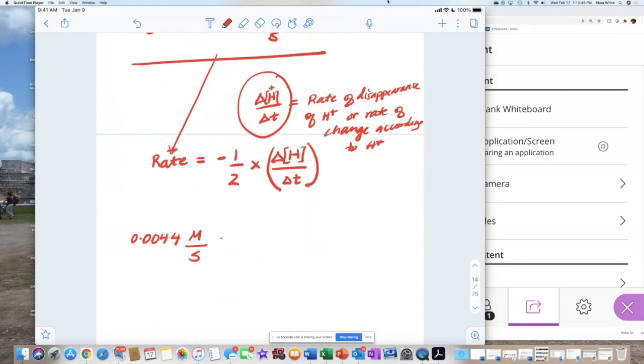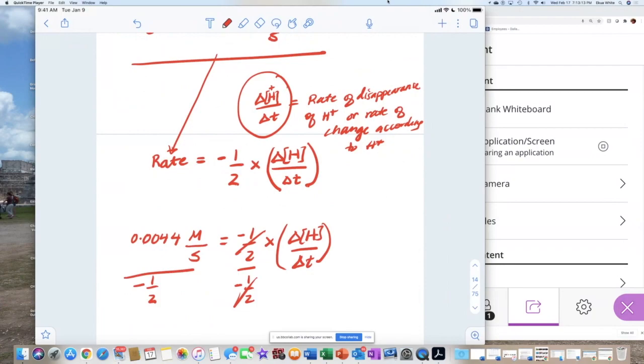0.0044 molar per second equals negative 1/2 times the variable we're trying to solve for, right? Delta H over delta T, and this is the concentration of H plus. We're trying to solve for this. So go ahead and divide this by negative 1/2, and let's see what we get.